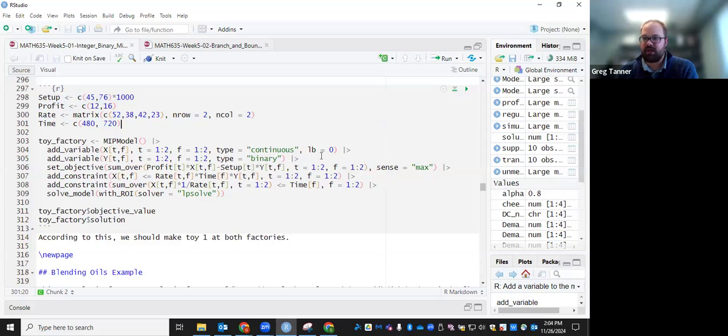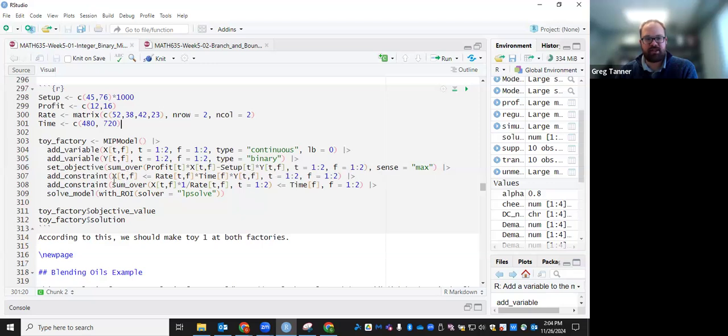My continuous variables have a lower bound of 0. Here is that objective. I'm going to sum over the profit times XTF minus the setup cost times YTF. And I'm going to sum that over both toys and both factories, and I want to maximize that.